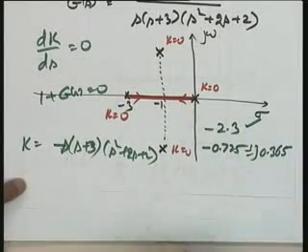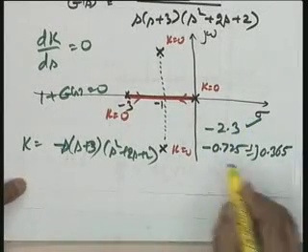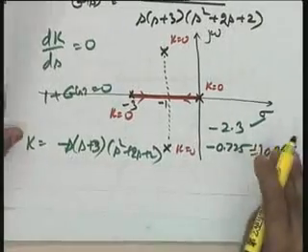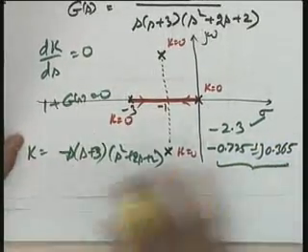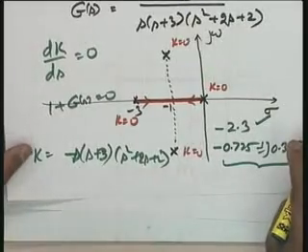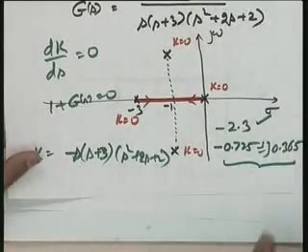So, minus 2.3 is one root of that equation, and these are the other roots. You can see now that these 2 roots are not the breakaway points because they do not lie on the root locus branches. You can even apply the angle criterion on these 2 points, and you will find that the angle criterion is not satisfied.